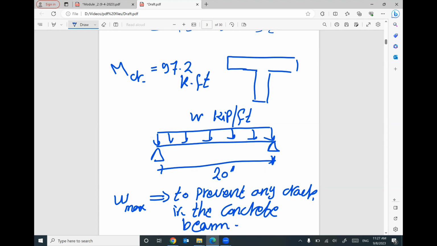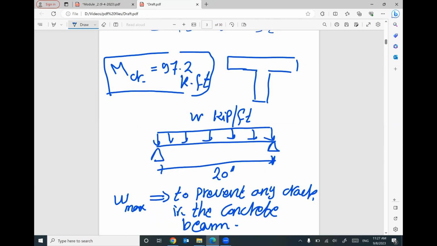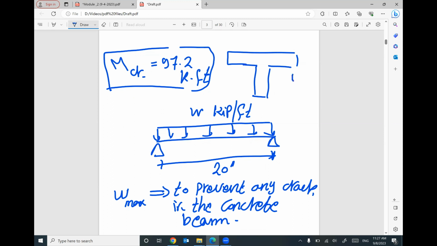So I started to mix structure analysis and concrete design. This value is coming from concrete design. The value of M crack is coming from all of these calculations. What is the part of structure analysis? This beam, which had this cross section, is represented by this one.